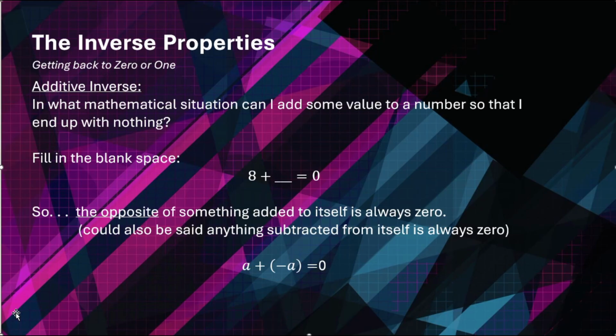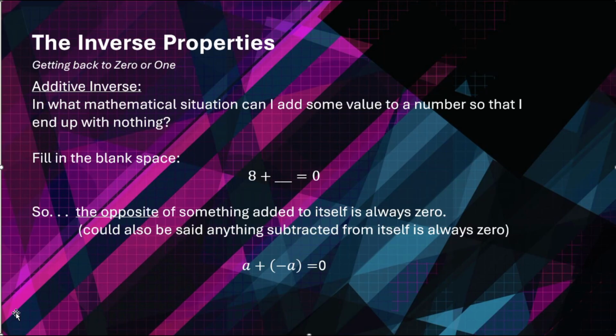So you've got another blank space situation here. So 8 plus some number is going to equal 0. Now, this is a little bit, I think, trickier than the identity equation where we had to fill in the blank, because your brain says, if I add something to 8, how do I get to 0?